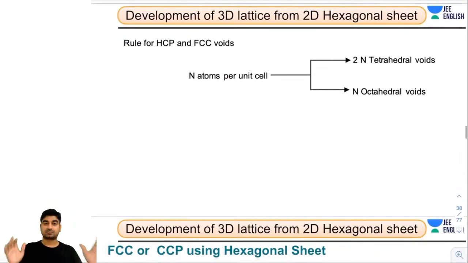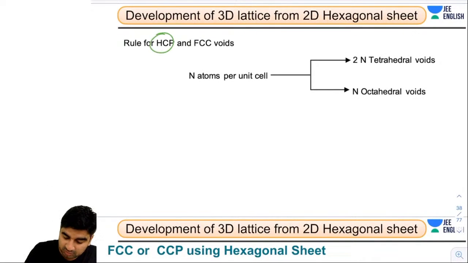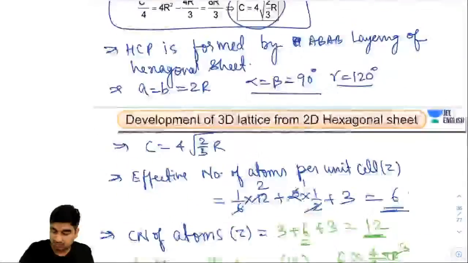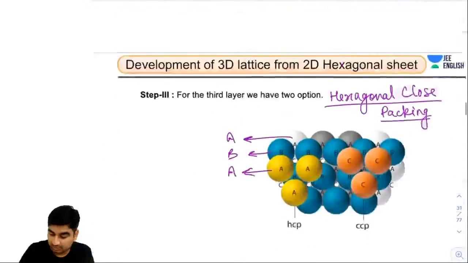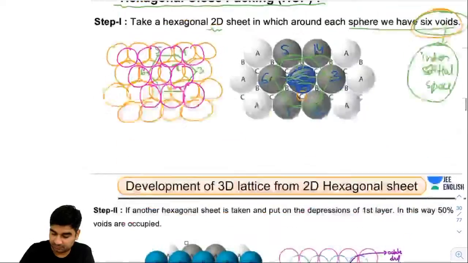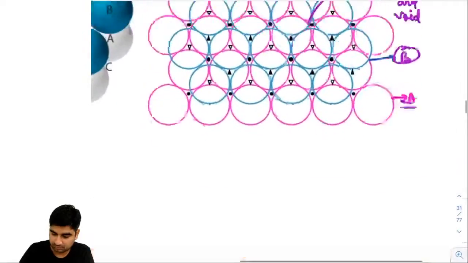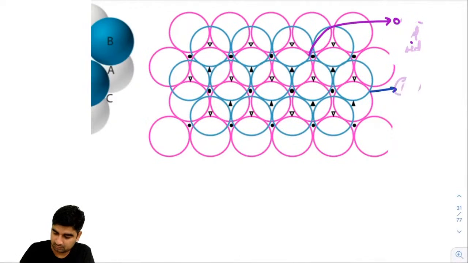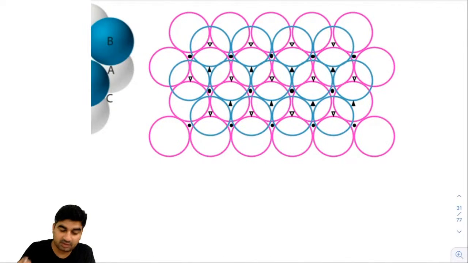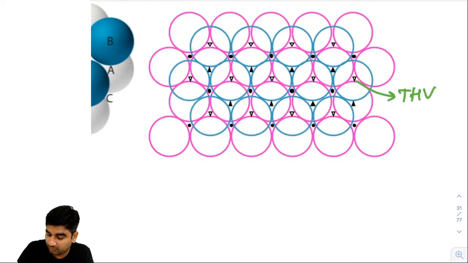So guys, I told you in hexagonal close packing and FCC there were two types of void. Here you can see this triangular void. These are called tetrahedral voids and these are called octahedral voids.